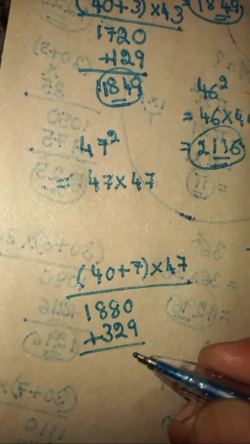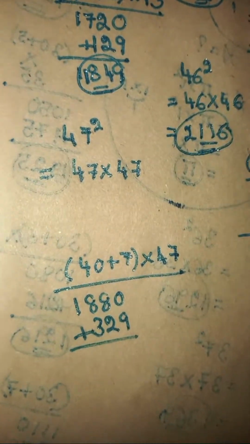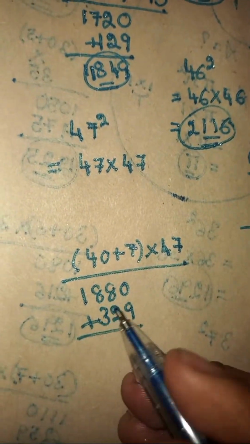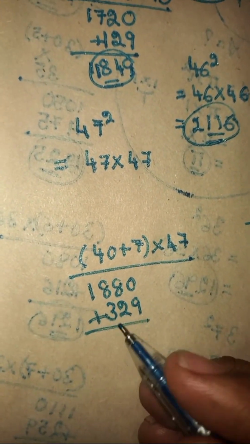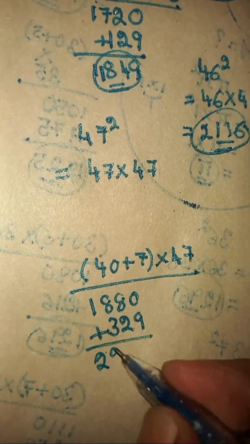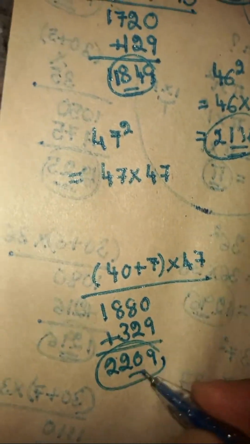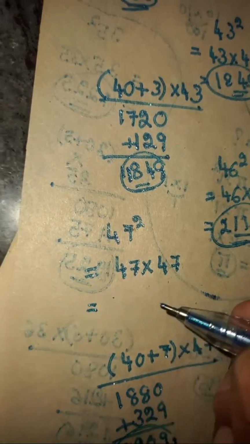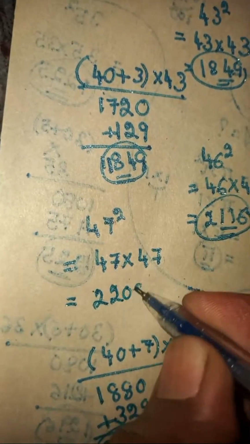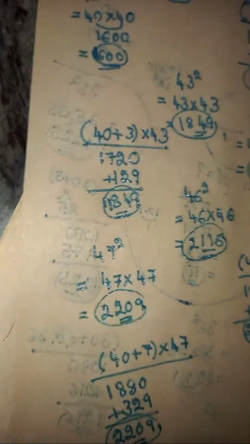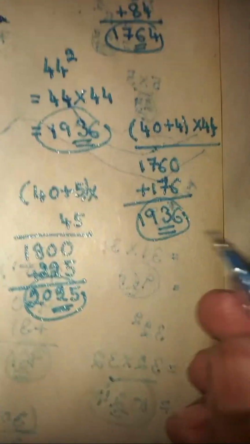When you add it, you're going to get 2209. So this 47 square is 2209.